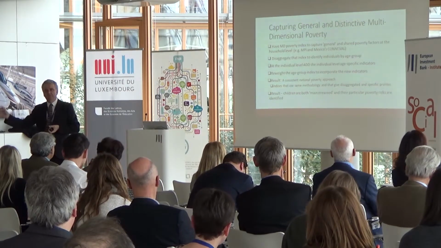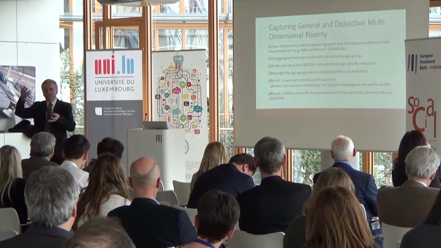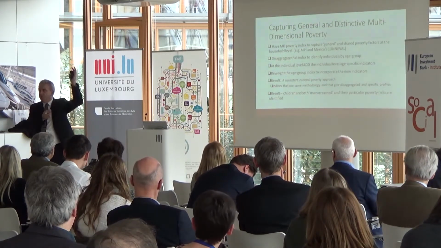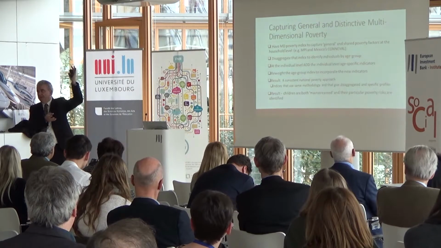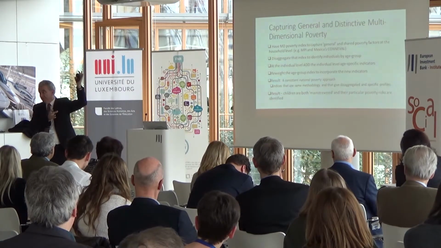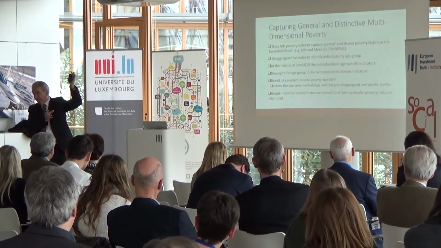If you give them their separate index, that's great for the Ministry of Women and Children or the Ministry of Welfare, but it's not going to get much traction in the Ministry of Finance, the Ministry of Planning, the people who allocate resources to reduce poverty. So that's why my suggestion as an optimal approach would be to have these general and disaggregated approaches.